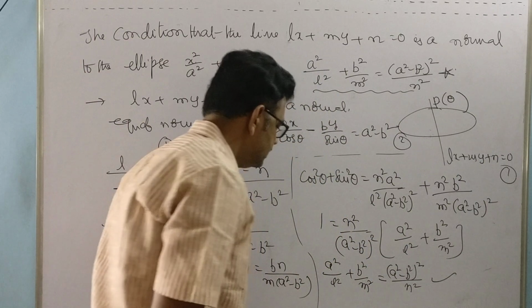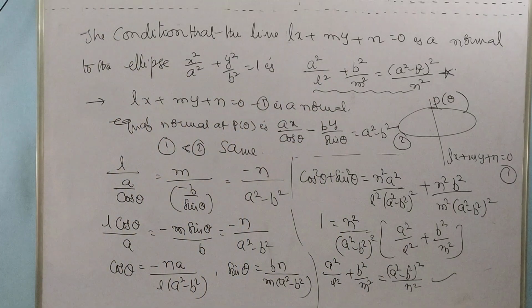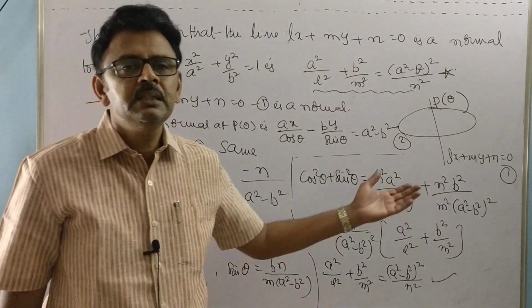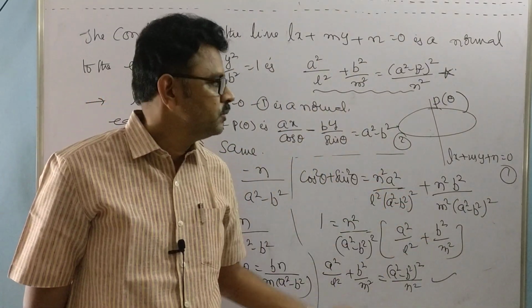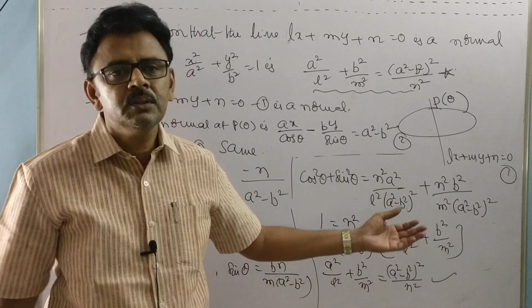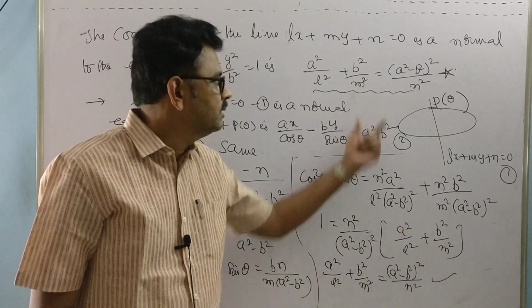So this is the condition that the line Lx plus My plus N equal to 0 is a normal to the ellipse S equal to 0. While solving the problems, the conditions are most important. To find the locus in some problems, if you know the conditions, you feel more comfortable. So these are very important conditions.